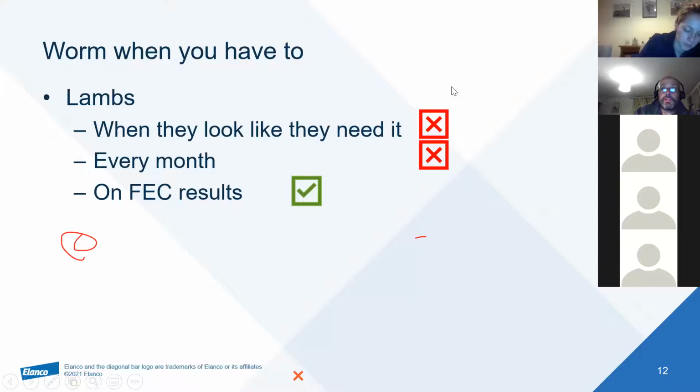Okay, Liz, yep, if we weigh regularly and the daily live weight gain drops, we should be thinking about worming without a worm egg count. Yep, and so my next one on here is what I call TST. Now this is targeted selective treatment.